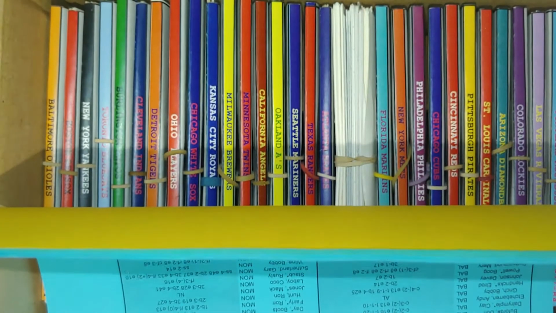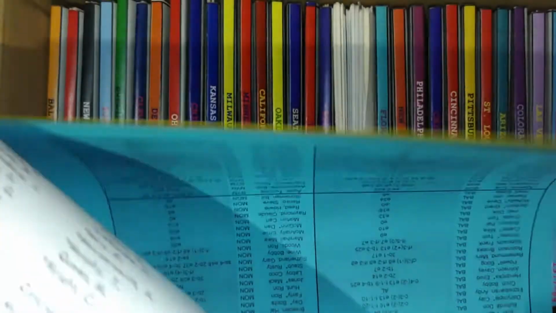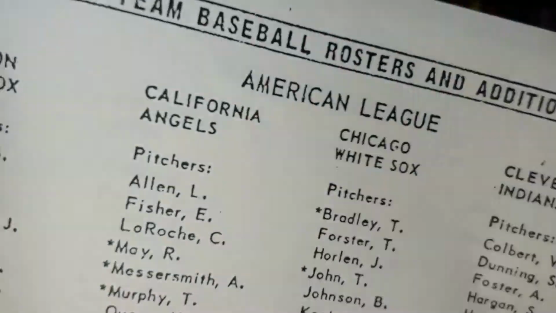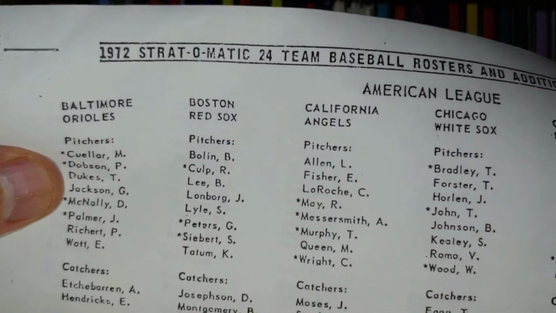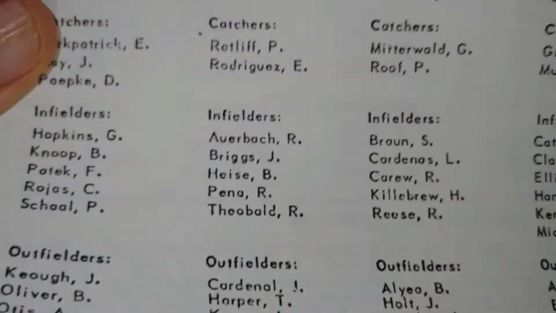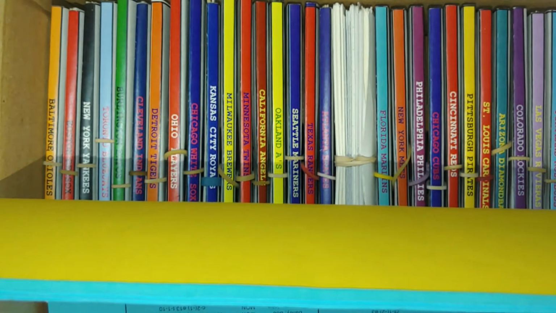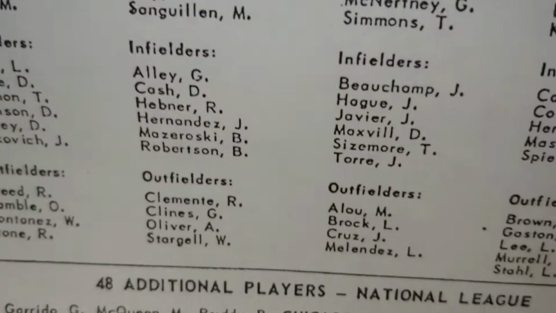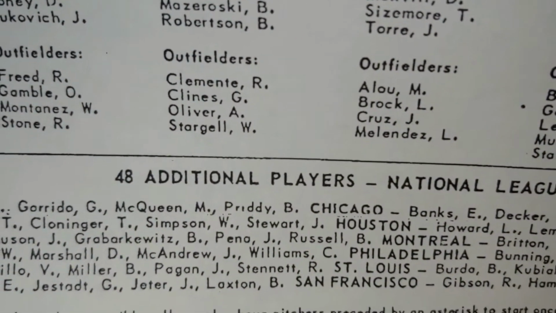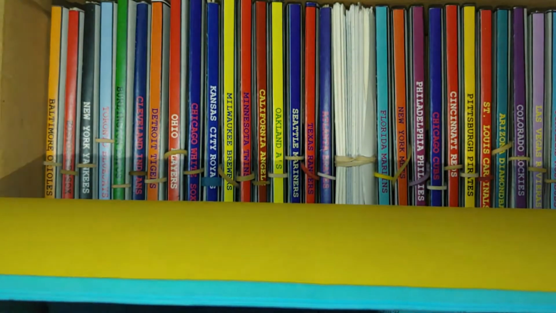I have a roster sheet copy. This is an original set of Super Advanced 71. This is actually the original roster sheet too. So you've got 48 additional players in the American League, and in the National League, 48 additional players in the National League, and that's all.